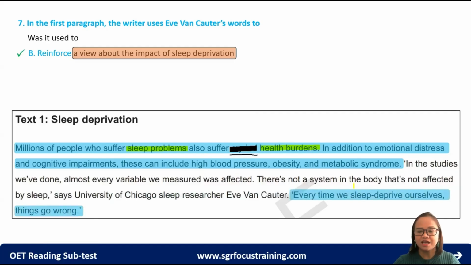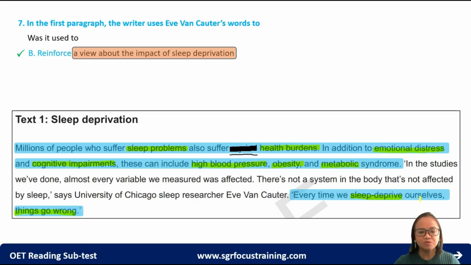Look, she said, every time we are sleep deprived, things go wrong. And what are those things that go wrong? Well, we get emotional distress, we get cognitive impairments, we have high blood pressure problems, obesity, and metabolism issues, okay?